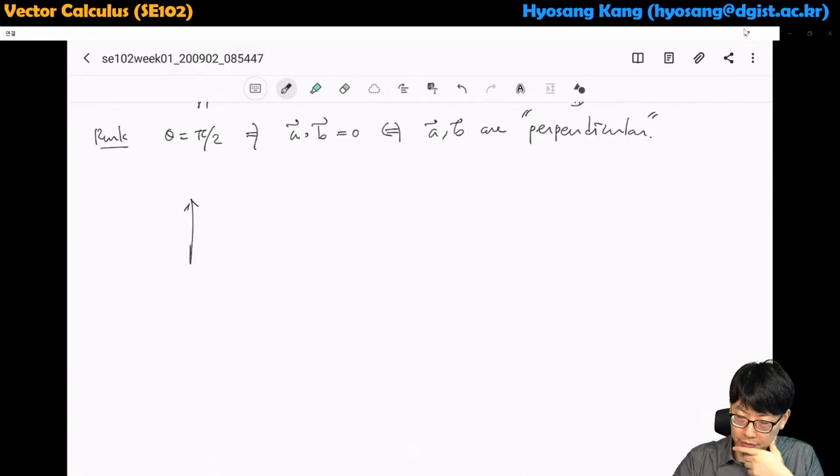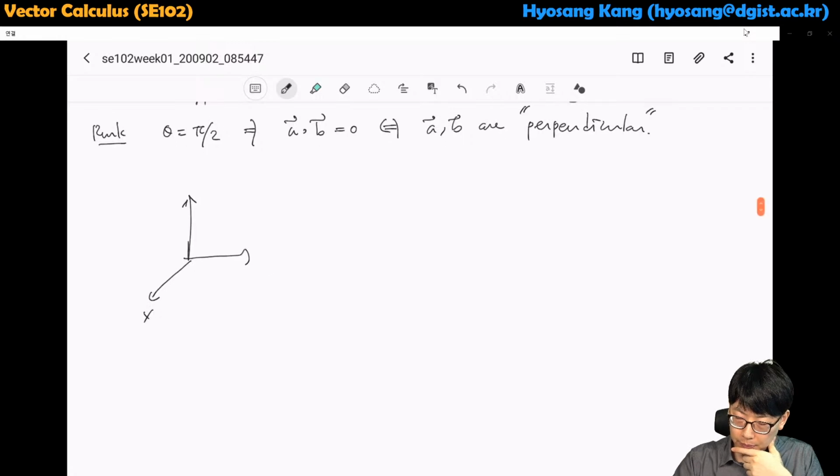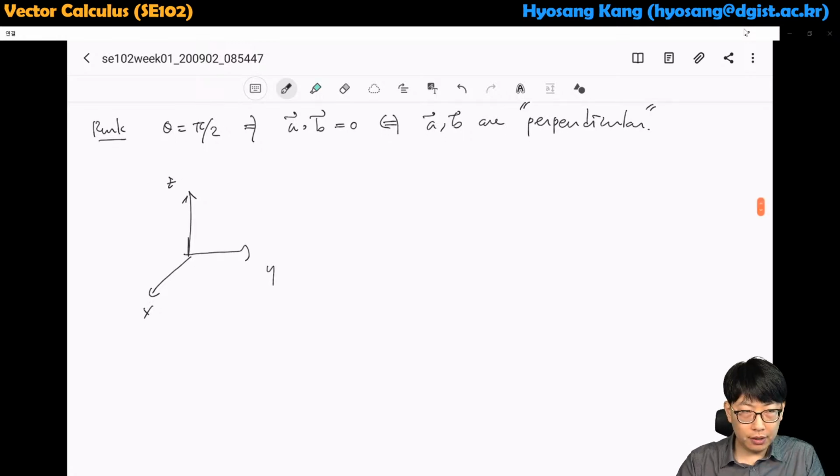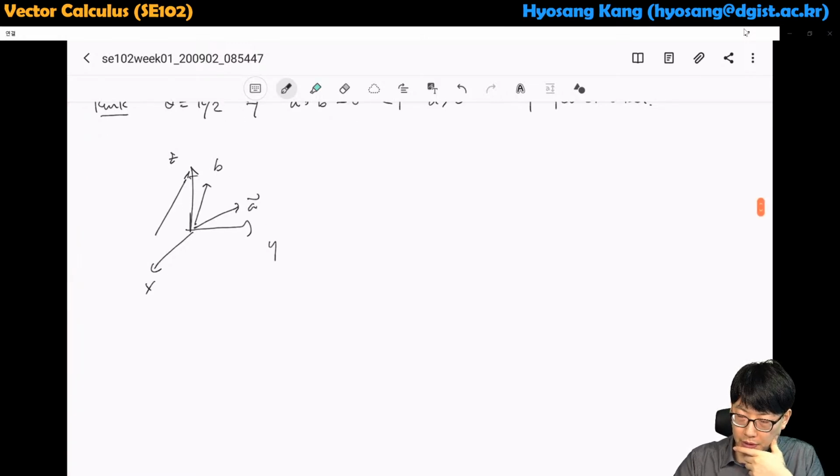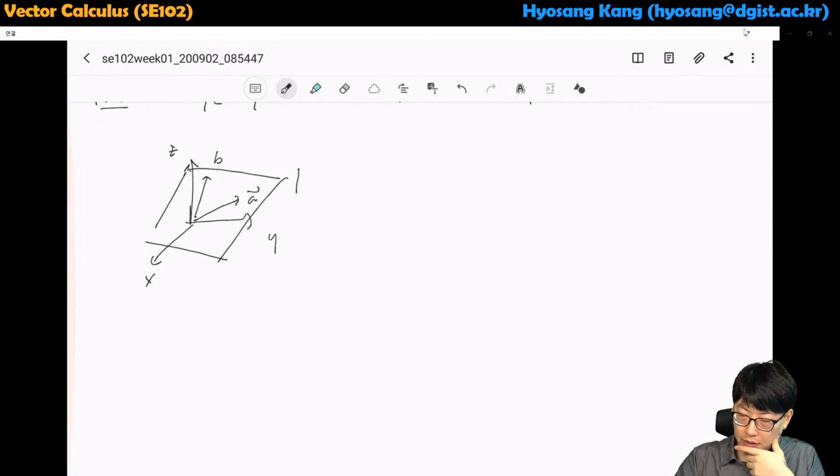Let's say we have a three-dimensional vector space, and we take the position vectors A and B. There must be a plane P passing through the origin O, which contains the vectors A and B.